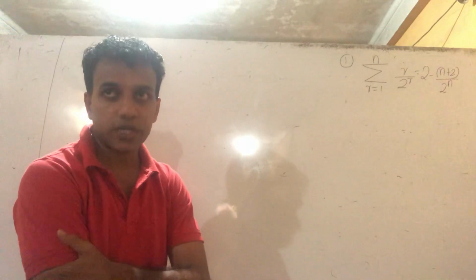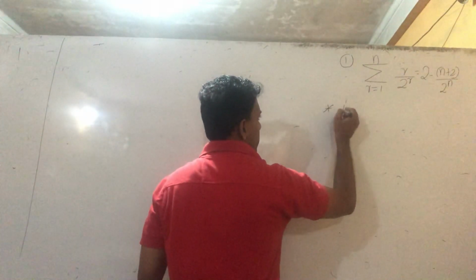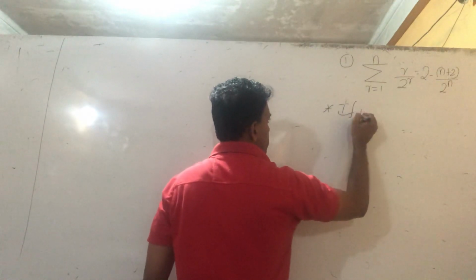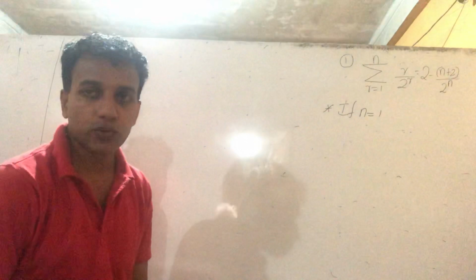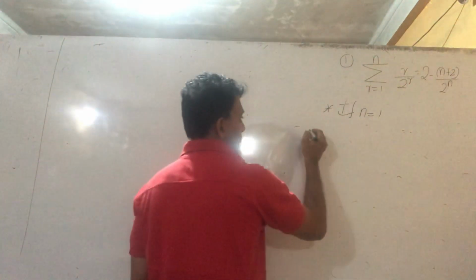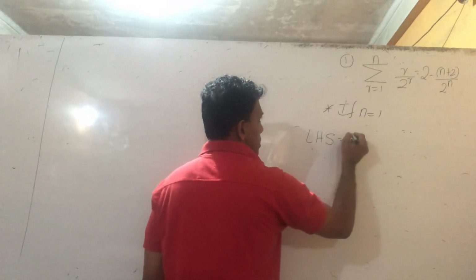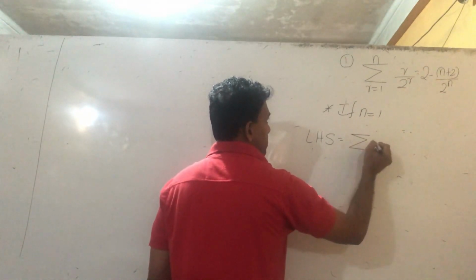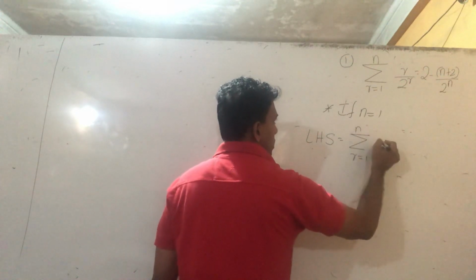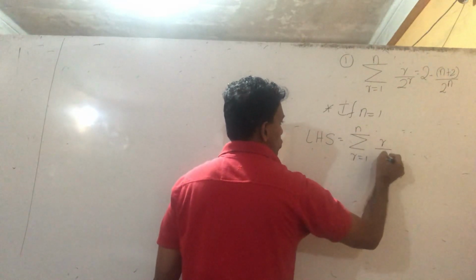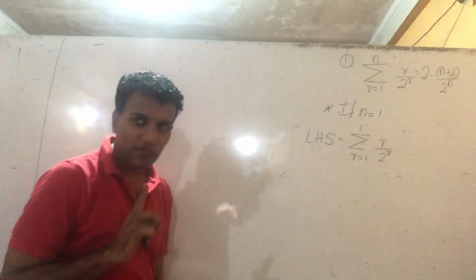First question, induction. For the first step, if n equal 1, show which is true when n is 1. So LHS, left hand side: sigma r over 2 to the power r, r equal 1 to 1, that means only the first term.